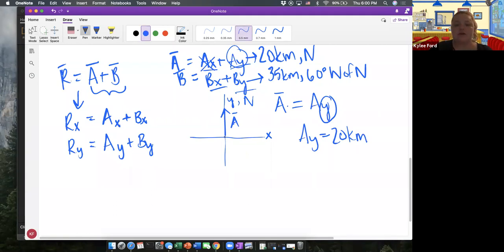My B is gonna be a little bit more tricky. So I have my B, and I need to solve for my BX and my BY. And again, that's gonna be similar to what we did just a minute ago. So we will kind of go like that, say that that's our BY, and that this is gonna be our BX.